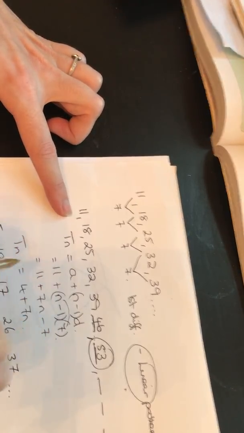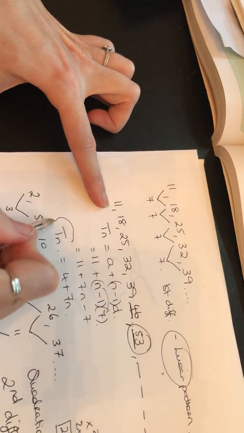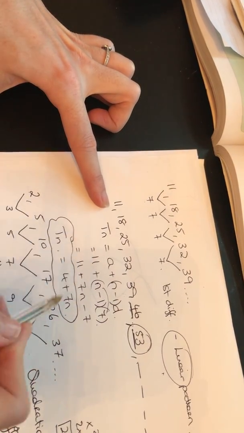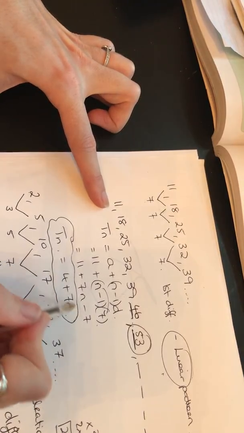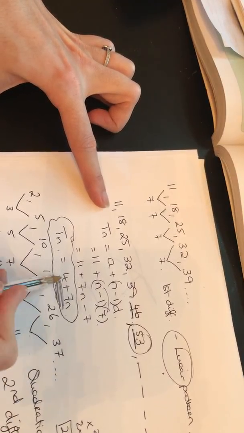So apparently the general term of this sequence, or the key to this pattern, is this particular bit of information here.